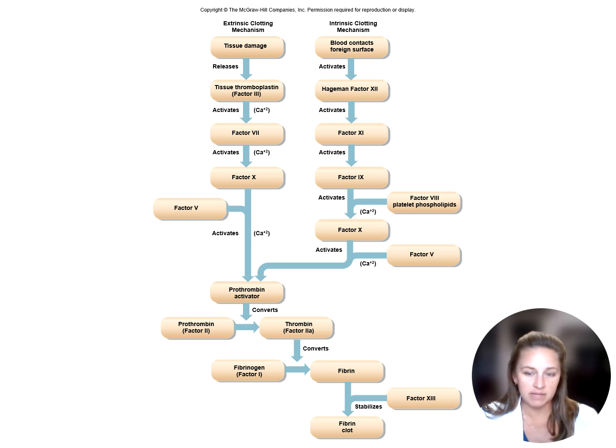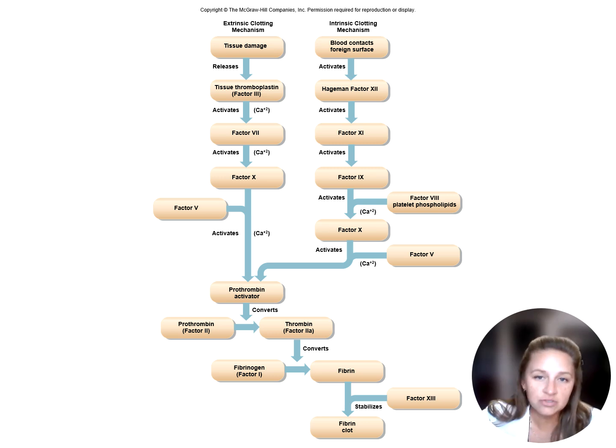Most of the time in cellular processes like this, nothing is really one step. There's multiple steps, and we call these pathways or cascades. Ultimately, from this tissue damage, we end up with a fibrin clot. So if it's extrinsic, this means that the tissue was damaged and the tissue released factor 3, and factor 3 started a cascade that resulted in the clot.